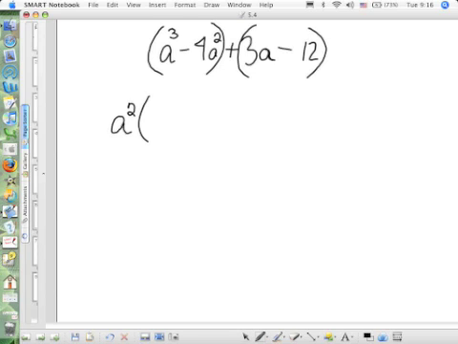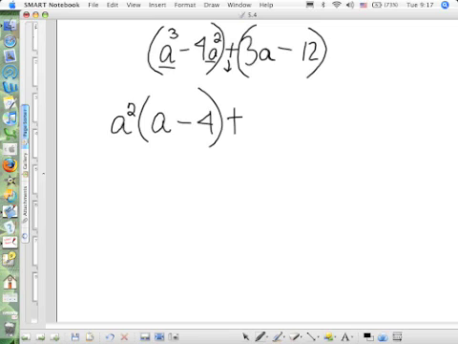And if I factor a squared out of those terms, what am I left with? A minus 4. Because they both have A's, and they both have at least 2 A's. Take the smallest exponent. Okay? All right, bring down your plus sign, because you are adding those 2 things together.